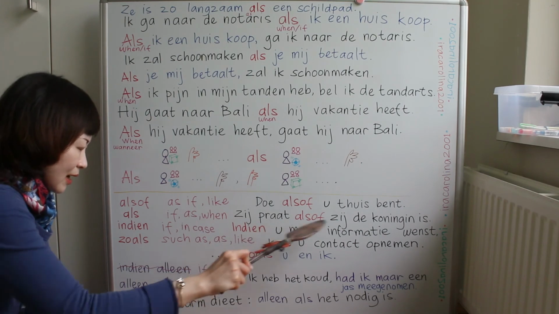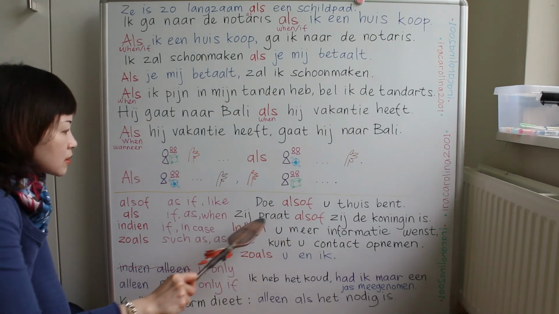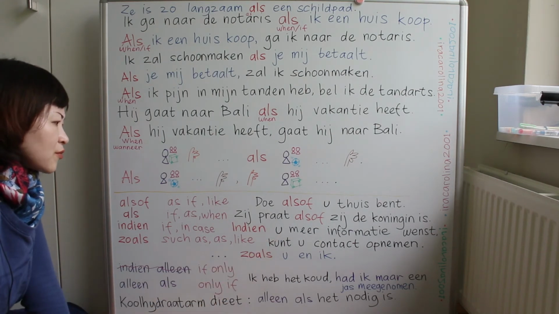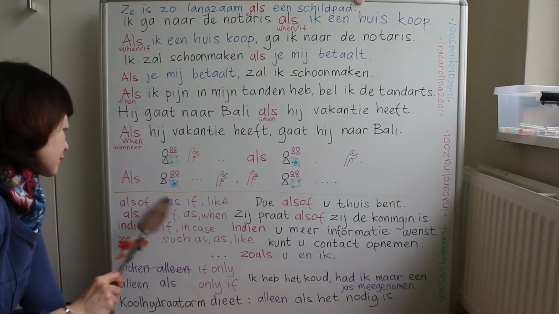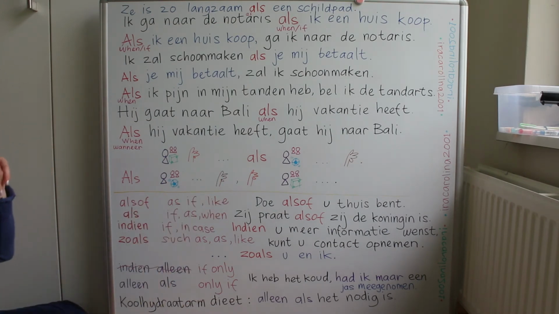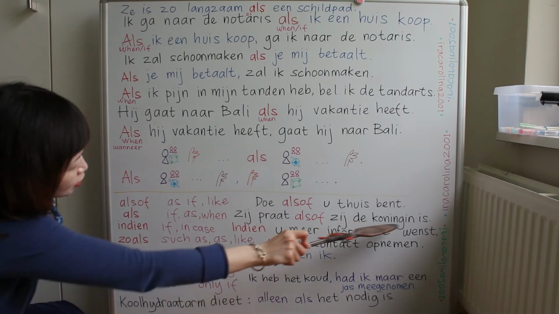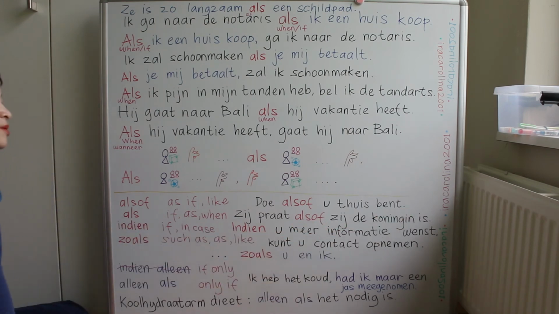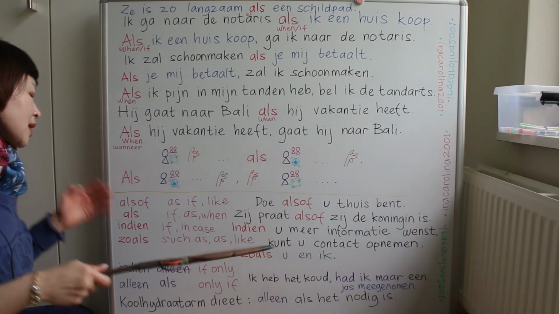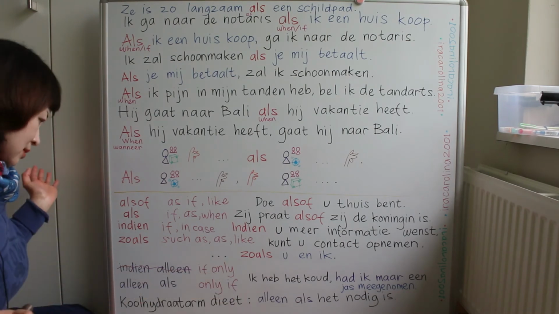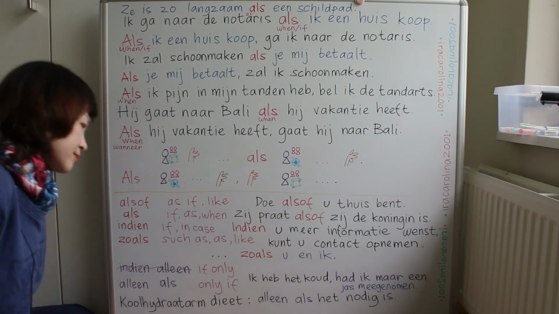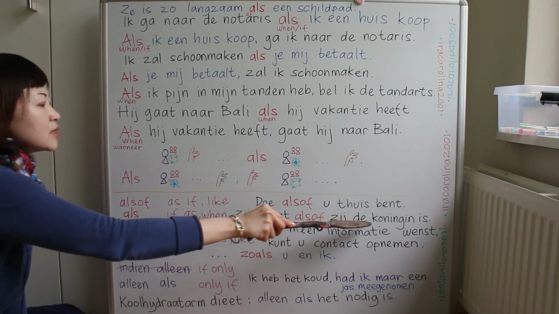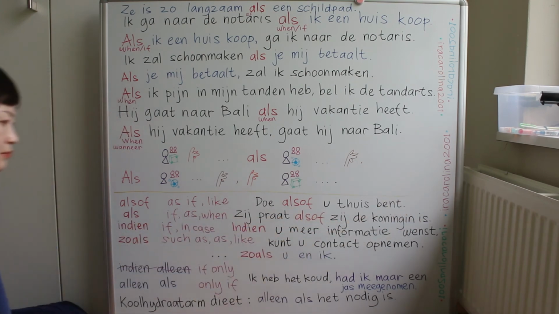Zij praat alsof, as if, like, zij de koningin is. She the queen is. She talks as if or like she is the queen. But you write it like this: zij, de koningin, is.